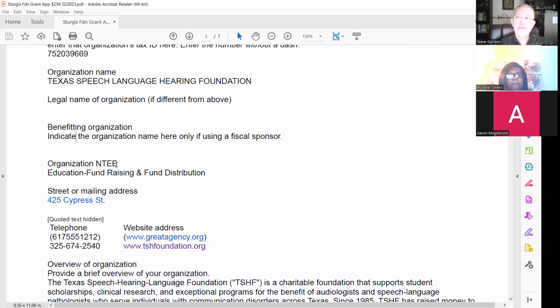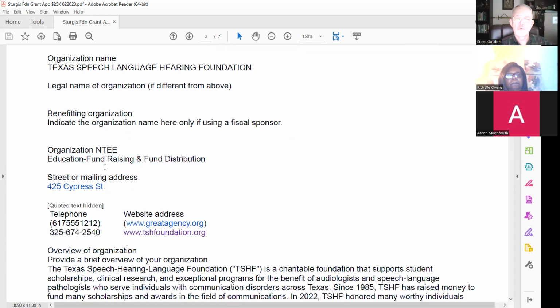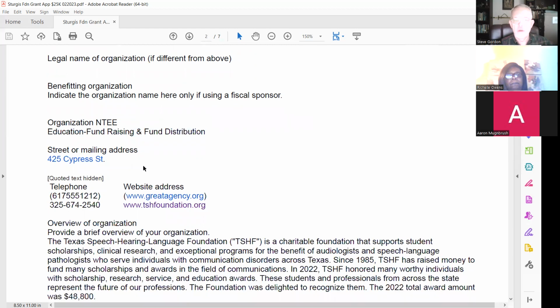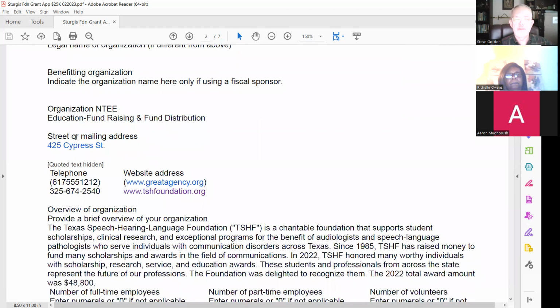And on the online web page grant application, there's a way to look that up. They give you a tool to look up what kind of organization you are. Then you select that, then it puts it in there. So we did that, and the answer we selected was education, fundraising, and fund distribution organization. That's some sort of nonprofit code that they used at Bank of America or at that foundation.